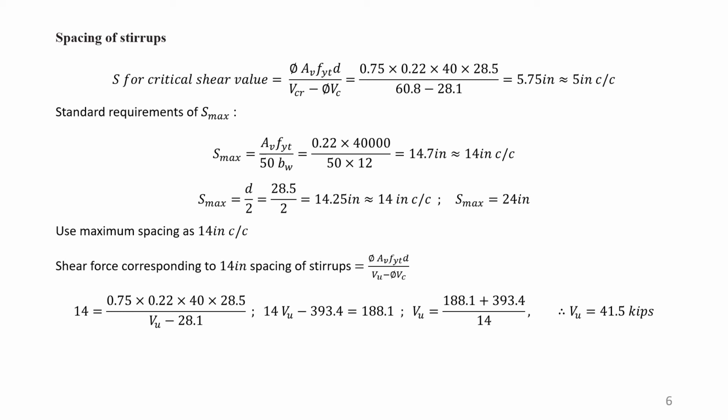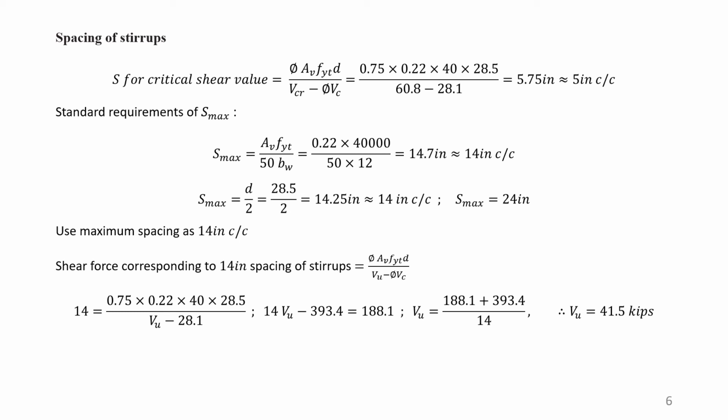For what value of shear force will a spacing of 14 inch come out of the spacing equation? We can find this in the reverse way. First of all, we put this 14 inch in the equation for finding the spacing of shear. That equation is at the top of this page.